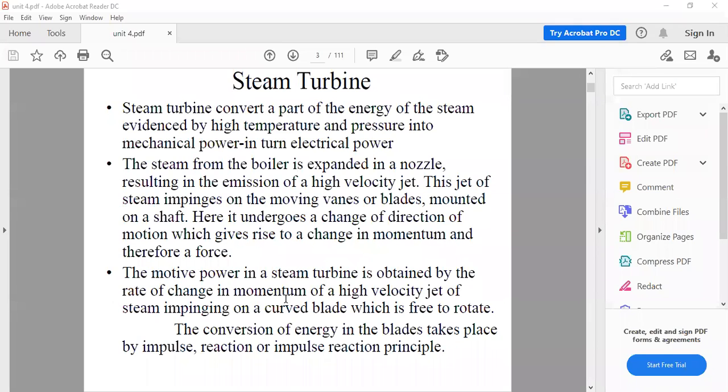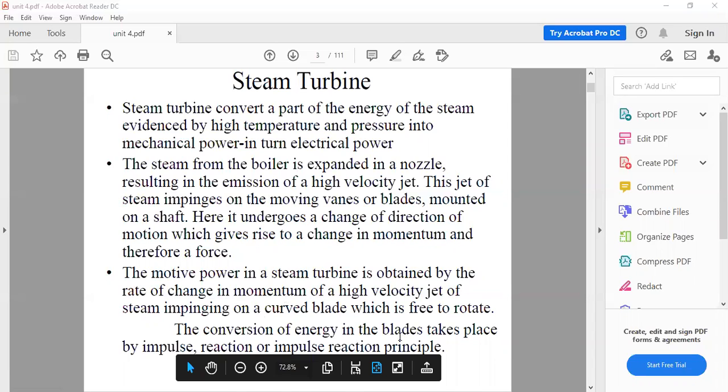The motive power in a steam turbine is obtained by the rate of change in momentum of a high velocity jet of steam impacting on the curved blade, which is free to rotate. The conversion of energy in the blades takes place by the impulse reaction principle.